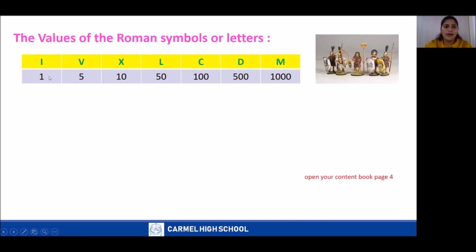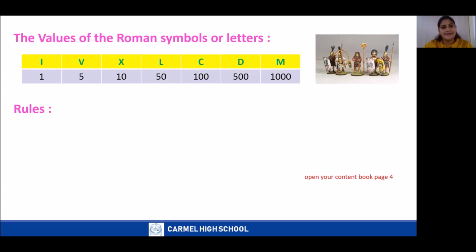I is equal to 1, V is equal to 5, X is equal to 10, L is equal to 50, C is equal to 100, D is equal to 500, and M is equal to 1000. Letters in the first row are Roman symbols, whereas the numbers in the second row are Hindu-Arabic numerals. Clear, children? Yes. Now, let us learn the rules.